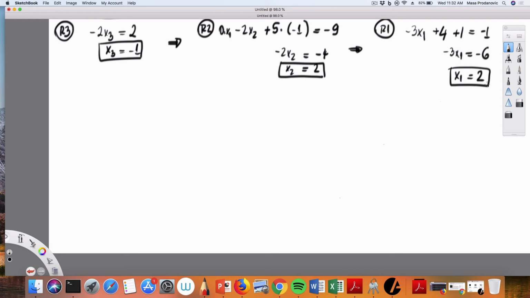So who can plug them into my second equation? What was the second equation, the first one that I write in? 6x1 minus 6x2 plus 7x3. What is that equal to? So my original R2, so 6 times 2 minus 6 times 2 plus 7 times minus 1 is minus 7.